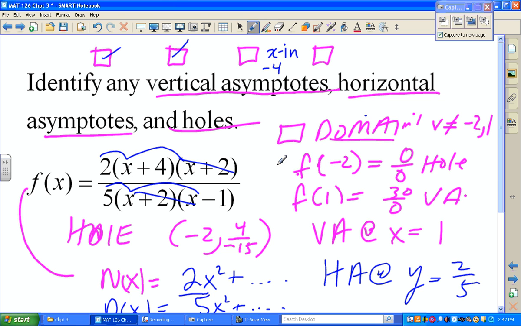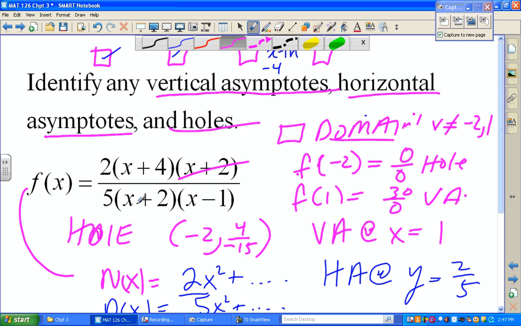Can't be -2 because that's a hole in the graph. All right, so this is -4. And then what would be the y-intercept? That's when you put 0 in for the x's. That'd be 8/5. Does that sound right? If I put 0 in for all the x's, find the y-intercept.